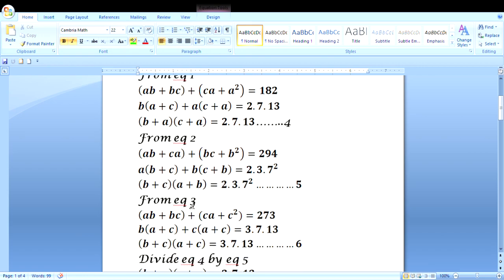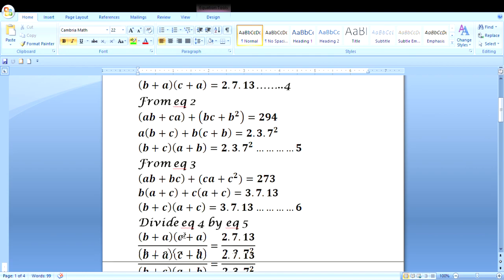Now from equation 3, we do a similar thing by grouping the terms into two as follows: AB + BC as one expression, and CA + C² as the other. In AB + BC, the common factor is B. So if B is factored out, this becomes B(A + C). In CA + C², the common factor is C. So if C is factored out, what is left within the bracket is A + C. We can also express 273 as a product of primes as 3 times 7 times 13.